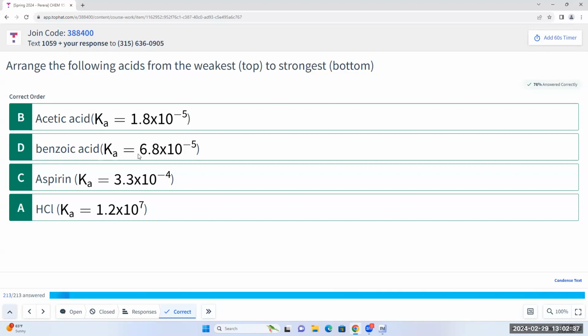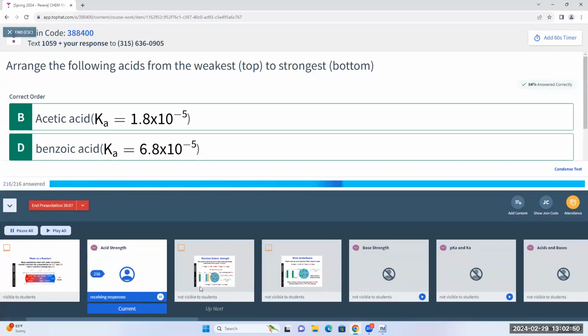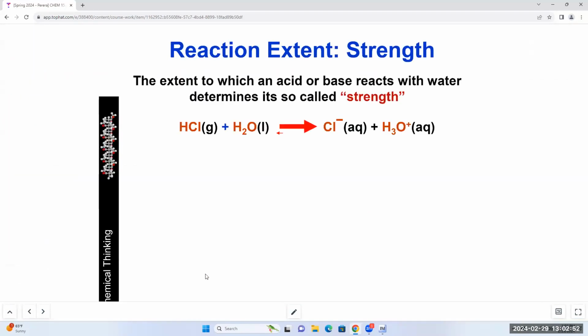That's it. Now, with this, I want us to imagine what a strong acid is. When it comes to strong acids, this is the way acids usually act.